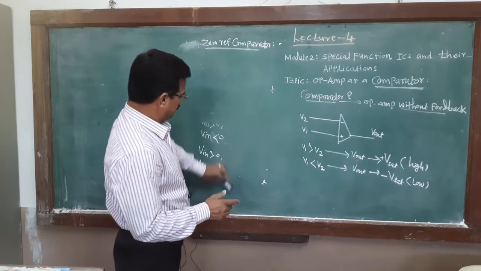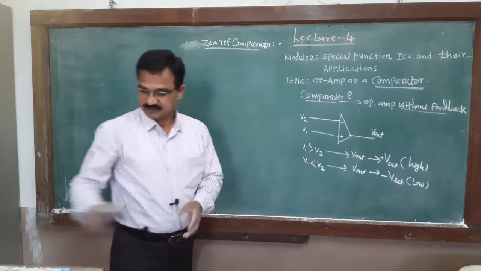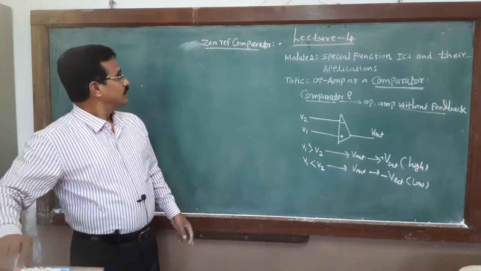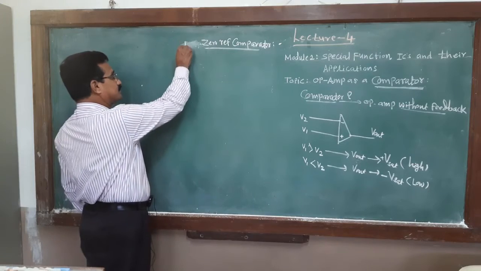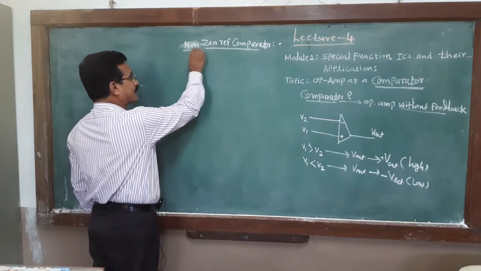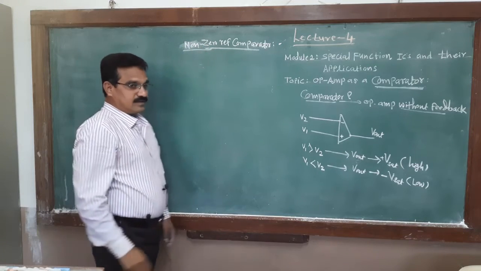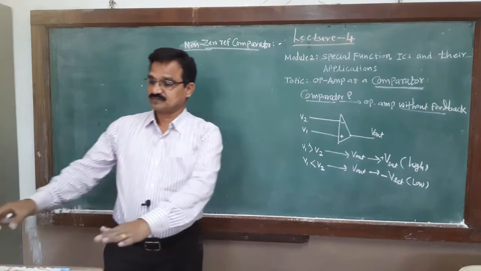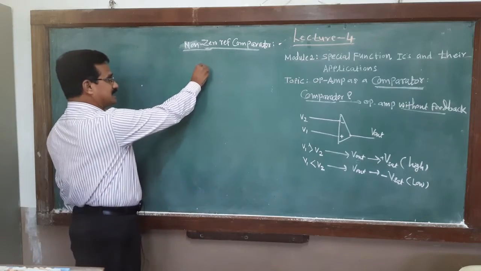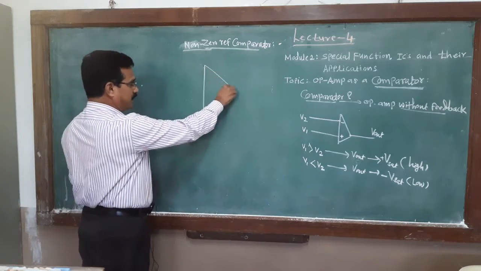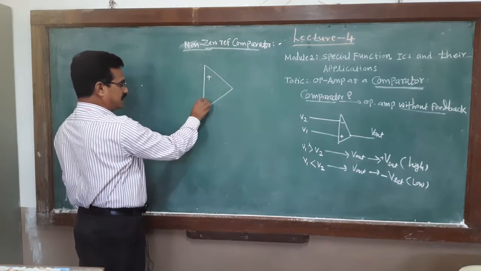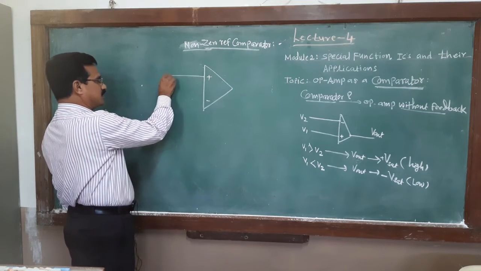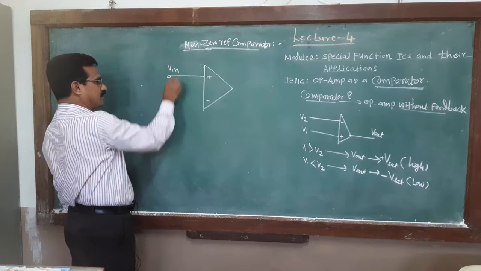The next point is the non-zero reference comparator. Here we again consider a comparator. Suppose this is a comparator circuit. Here is a plus, here is a minus. Input is given to the inverting terminal.